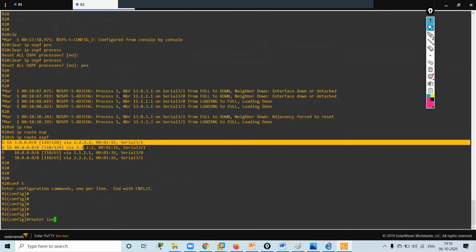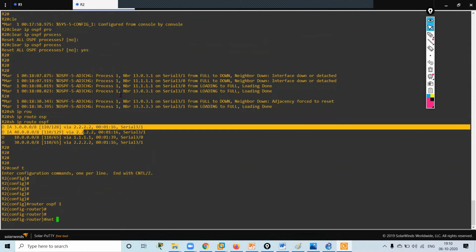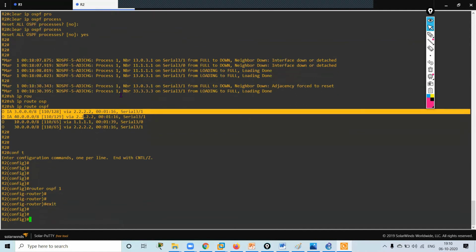Router OSPF 1, network 12.0.0.0 0.255.255.255 area, I can keep it in any area, or let it be. I'll just advertise the R1's loopback. There is no issue.